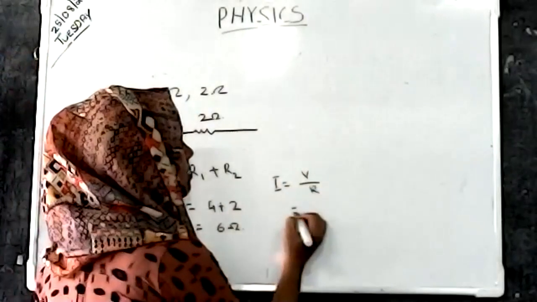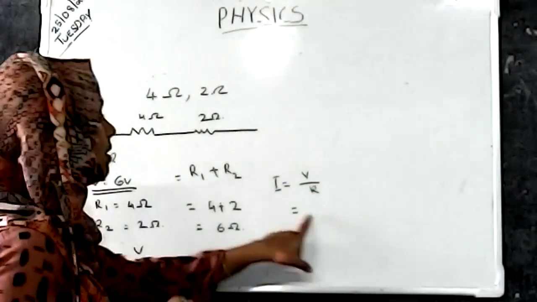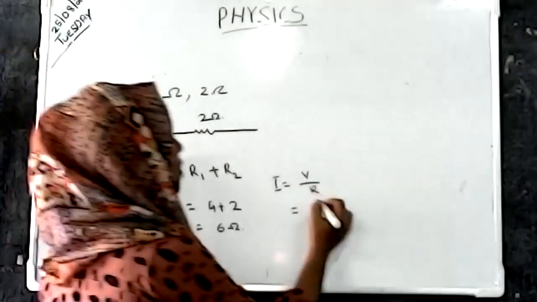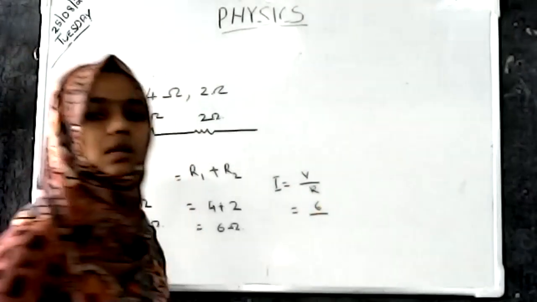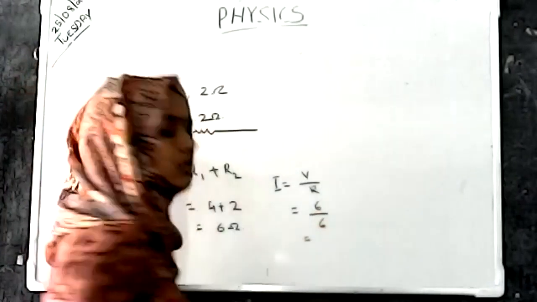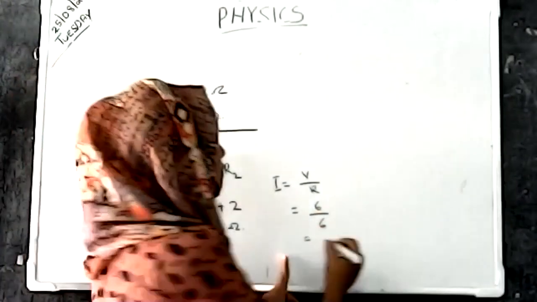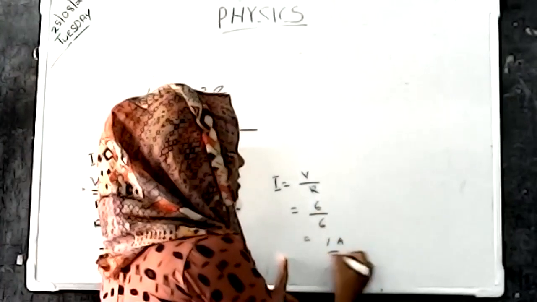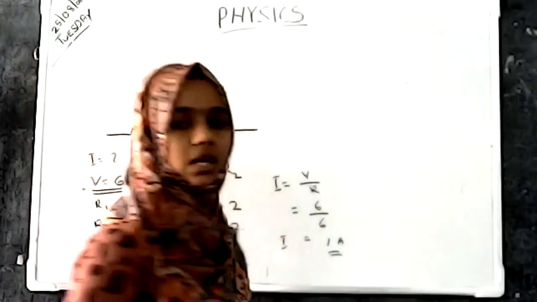So applying this equation, the potential difference is 6 volt and the resistance is 6 ohm. So we get 1 ampere as the current in this circuit.